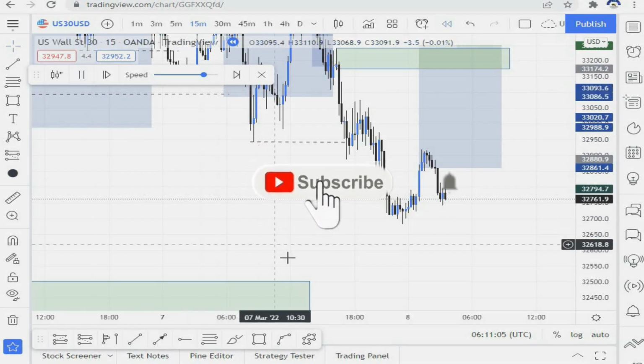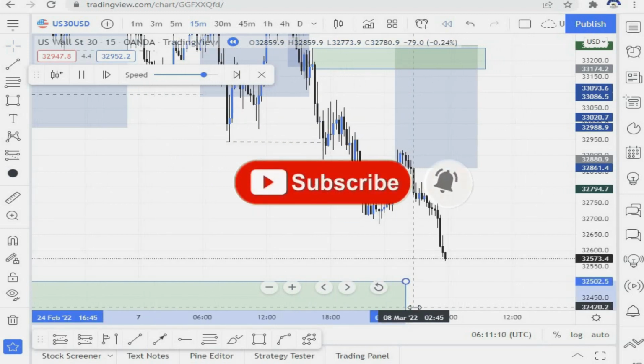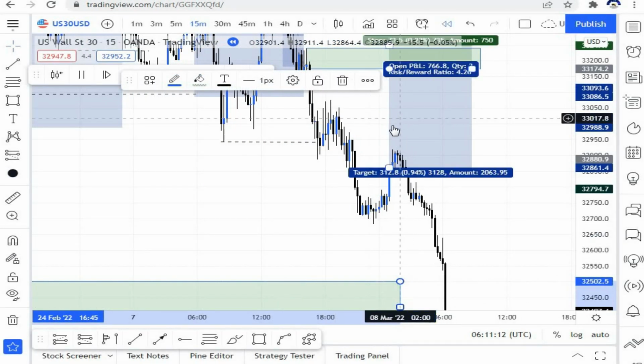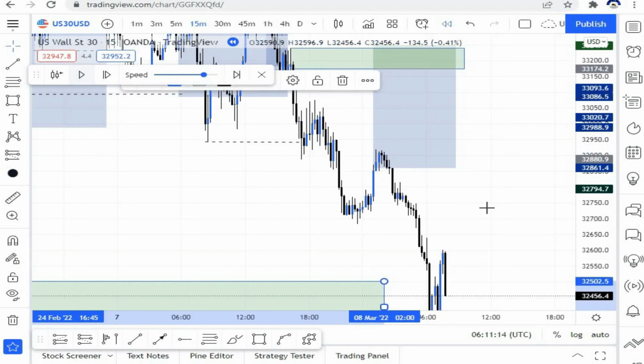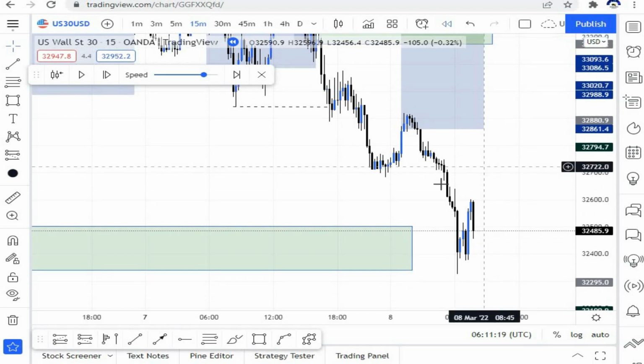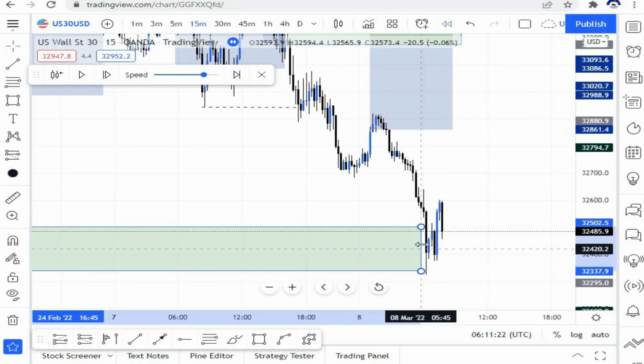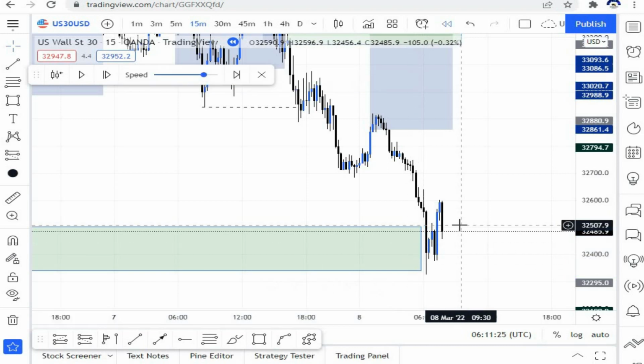And also price is about to approach our demand zone area. They failed to come, they just respected that one. Okay, now we have demand zone area. As you can see here, price went into our demand.